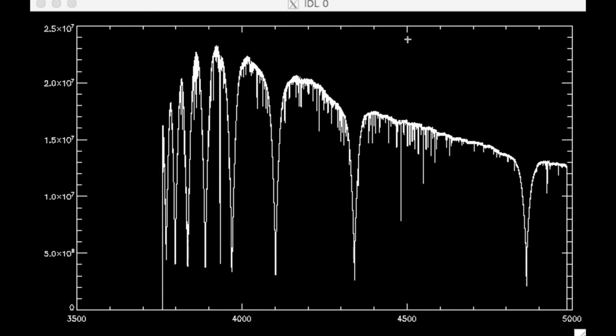On the bottom is wavelength. This is going from about 3,700 angstroms to 5,000 angstroms. It's an absolutely calibrated spectrum. This is Vega.